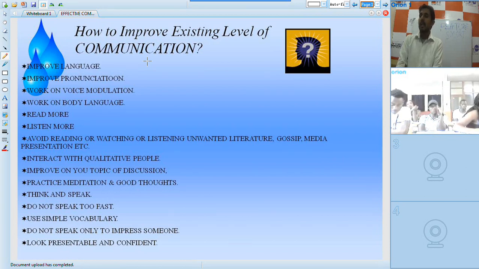Do not read or write unwanted literature, gossip or media on the internet. Arrange topic discussions with your colleagues, cousins or other members, so that you improve your thoughts, and practice meditation or good thoughts. You need to increase your vocabulary.